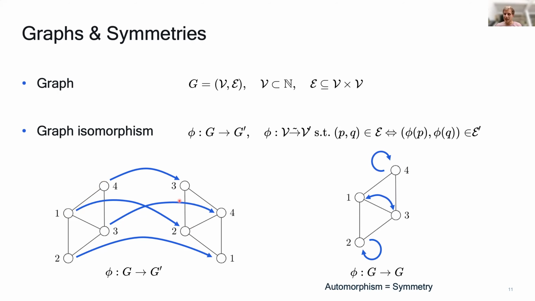A particular kind of graph isomorphism is a graph automorphism, or a map from a graph to itself, and we also sometimes call that a symmetry of the graph. For example, this graph has a symmetry, which we get by flipping node 1 and 3, because then we get the same looking graph.